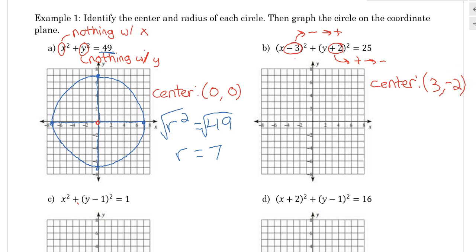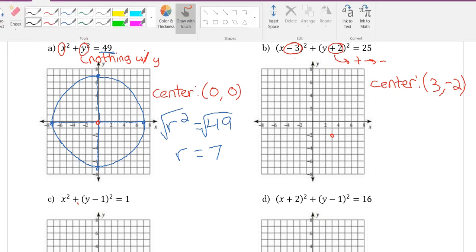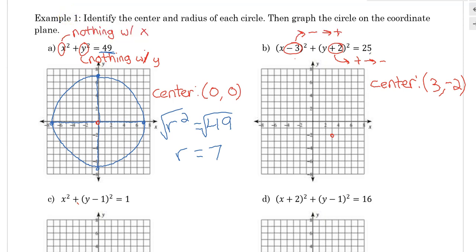So over 3, down 2. Then my radius, well, r squared equals 25. So I have to take the square root. So r equals 5.